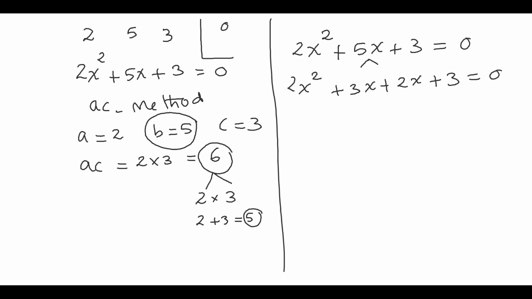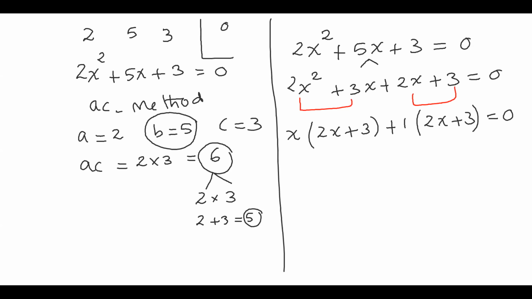Then use grouping to factor. We have learned this earlier, so you can go back and check your notes. We are grouping 2x squared plus 3x. The common factor is x, so we can take the x outside. And there is nothing common except 1, so we take the 1 outside.